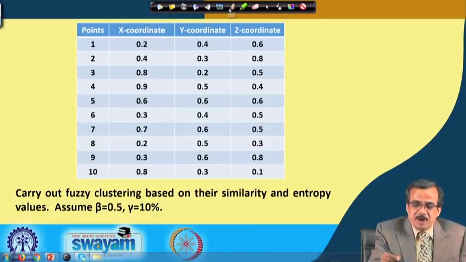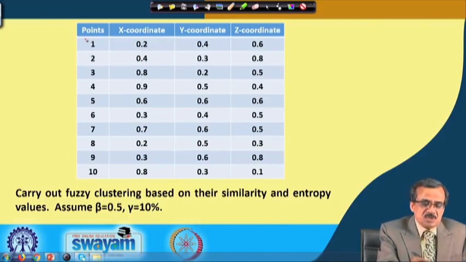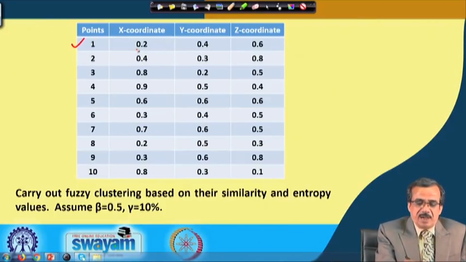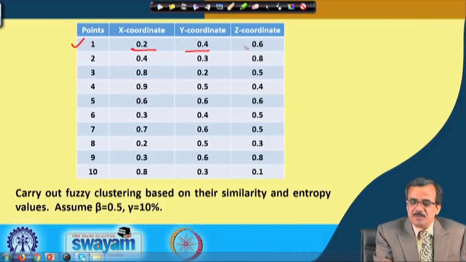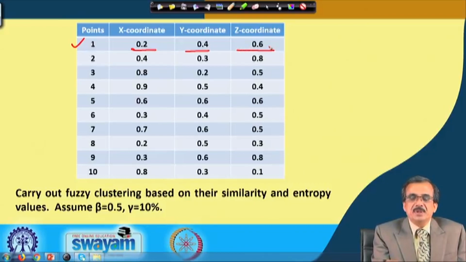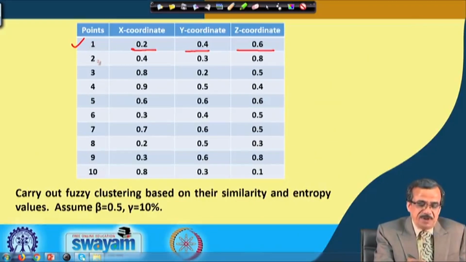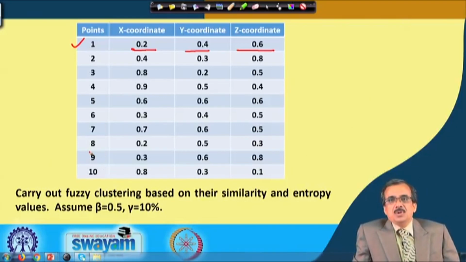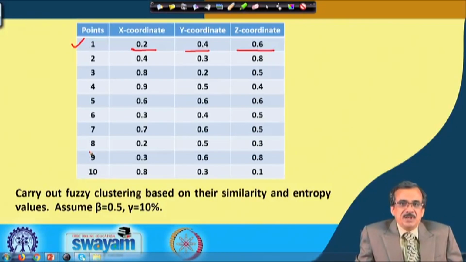Now, these data points are nothing but 3D data points, that means corresponding to the first point, I have got x dimension, y dimension and z dimension. Similarly, we have got 10 data points. In fact, if I want to do the optimization for the practical problem related to the machining of free-form surface, we will have to take a very large number of data points, might be 10,000, 20,000 data points.